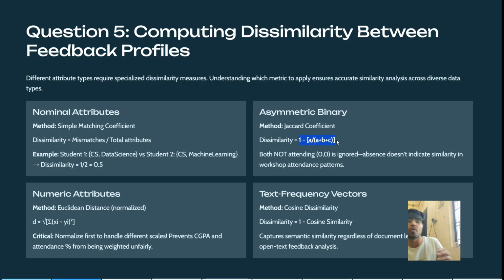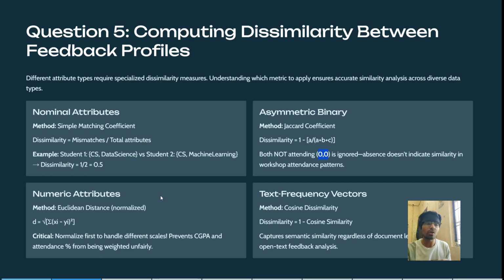Now let's explain what the letters mean. A is when both students attend, 1 by 1. B is when only the first student attends, 1 by 0, and C is when only the second student attends, 0 by 1. And crucially, we ignore the case where both didn't attend, meaning 0 by 0.